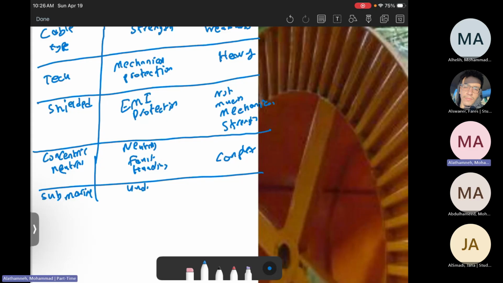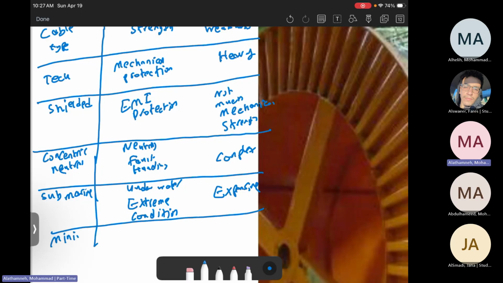This is used underwater. The good thing is it can handle extreme conditions. The problem about the submarine is that it's expensive. Next, after that, there is mining. The good thing about it is that it's flexible. The drawback is short lifetime.